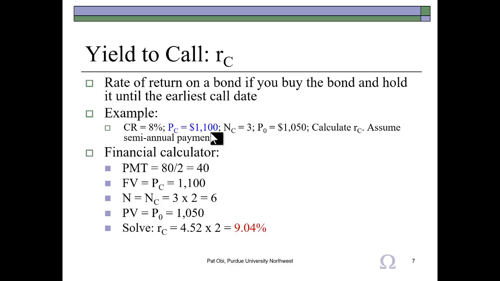So now, some people ask, why do companies issue callable bonds? Well, it's because they do want to take advantage of a fall in interest rates during the time of the bond. So for example, if this bond is issued right now paying 8%, for 5 years, and then later, say 2 years from now, interest rates drop to, let's say, 5%.